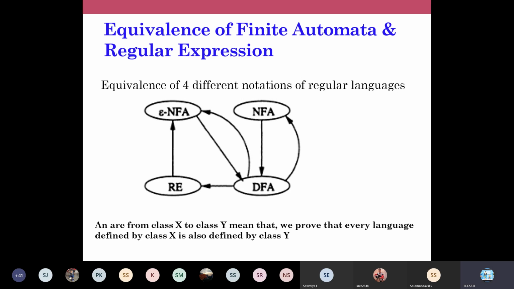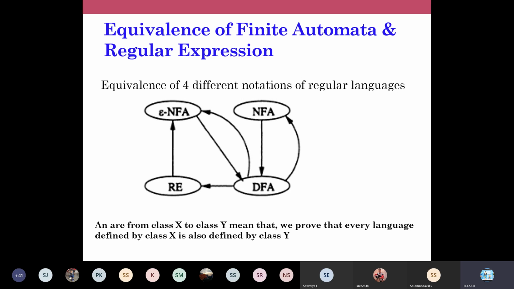So much information I am telling you. You just remember it with the heading. If in your exam it is asked to draw the equivalence diagram of finite automata and regular expression, many will not draw this diagram. That is the problem.